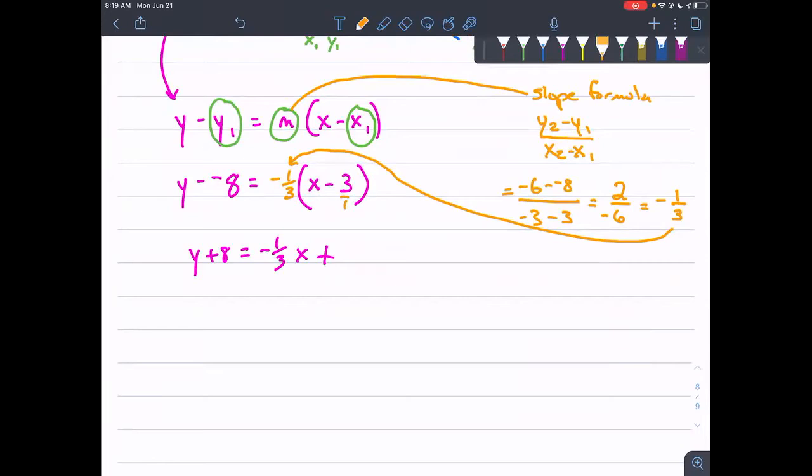On bottom, 3 times 1 is 3. So you end up with 3 over 3. 3 over 3 is just 1. And then last thing, we want to get that y by itself. So we'll subtract 8. And then y equals negative 1/3 x minus 7.